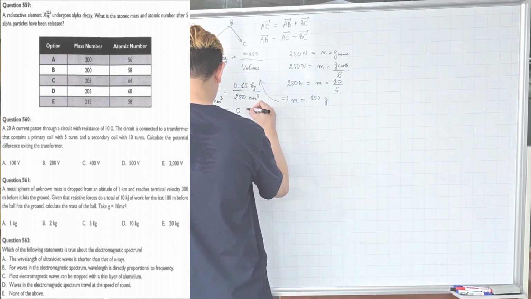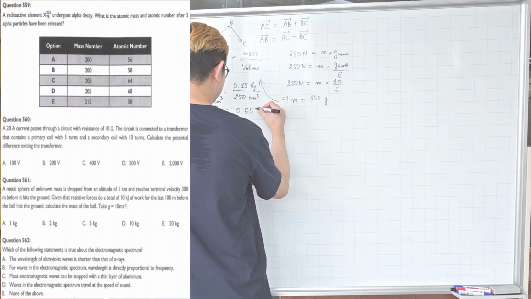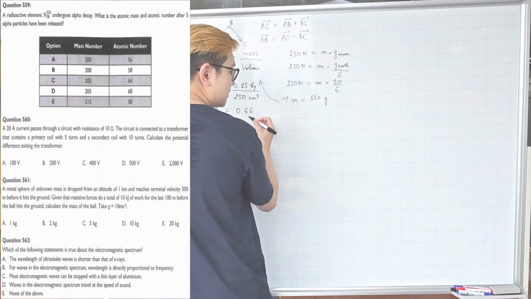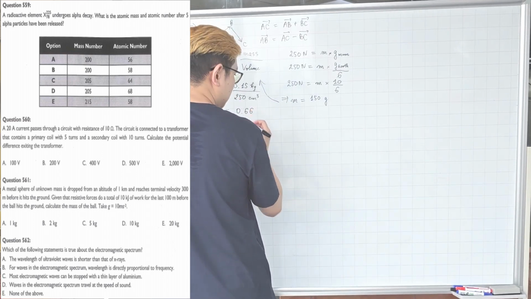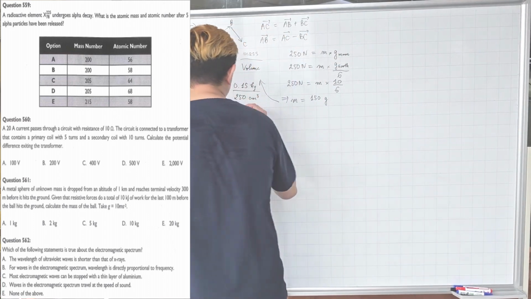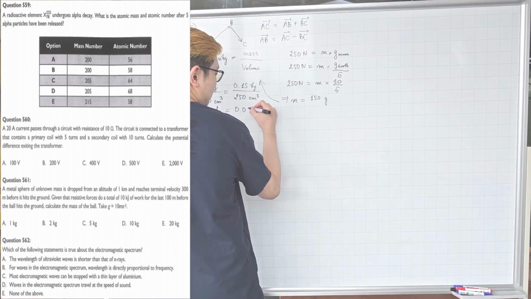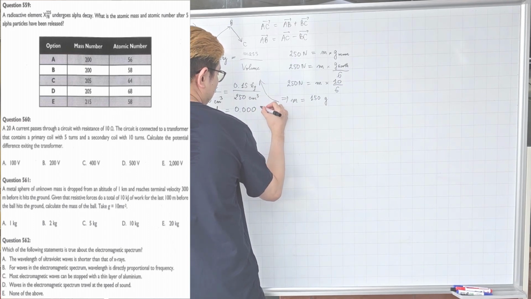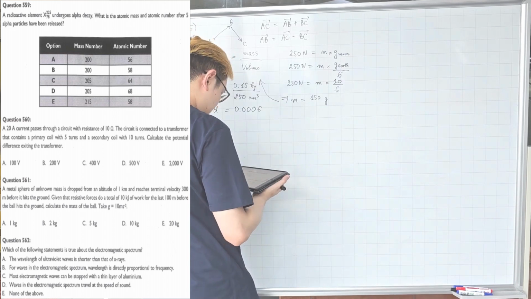Zero point 66 something, right? 0.00030. Okay, moment. So you said 0.006. Is there something else? No. Really?